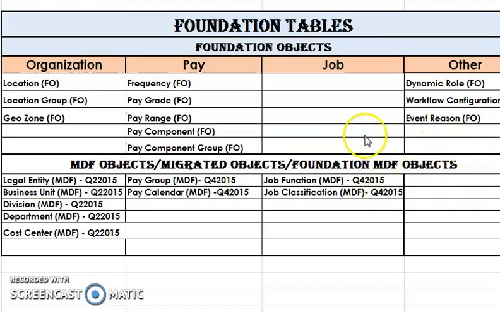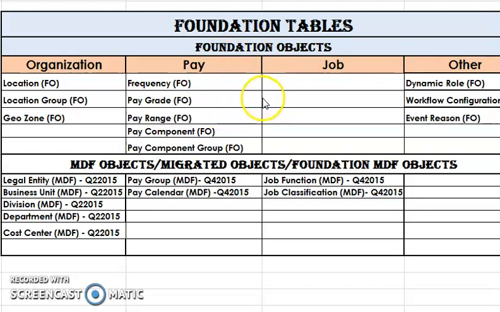In foundation data we have objects. Objects and elements are the same, but element is a technical term and object is a functional term. In the foundation data we have many objects.